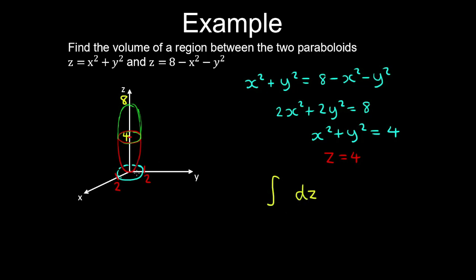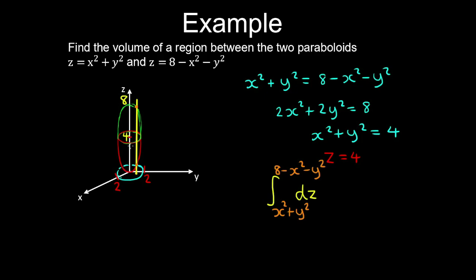So if we take a point inside this planar region and draw a line through our solid, the line enters the solid at z is equal to x squared plus y squared, being the bottom paraboloid, and exits the solid at 8 minus x squared minus y squared.